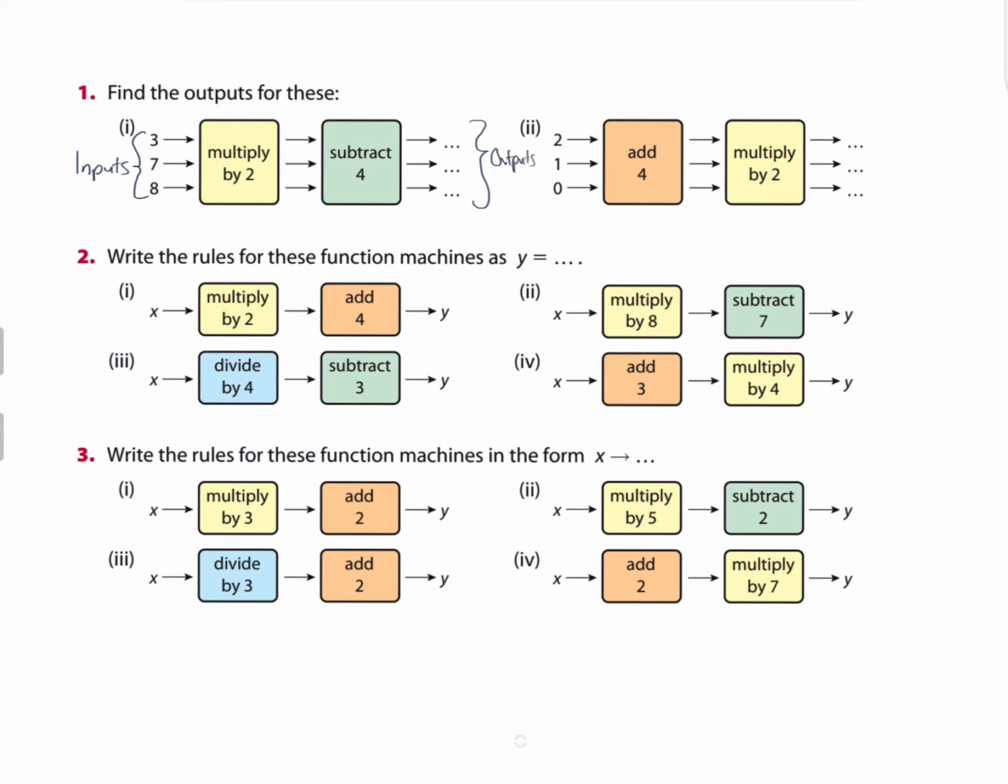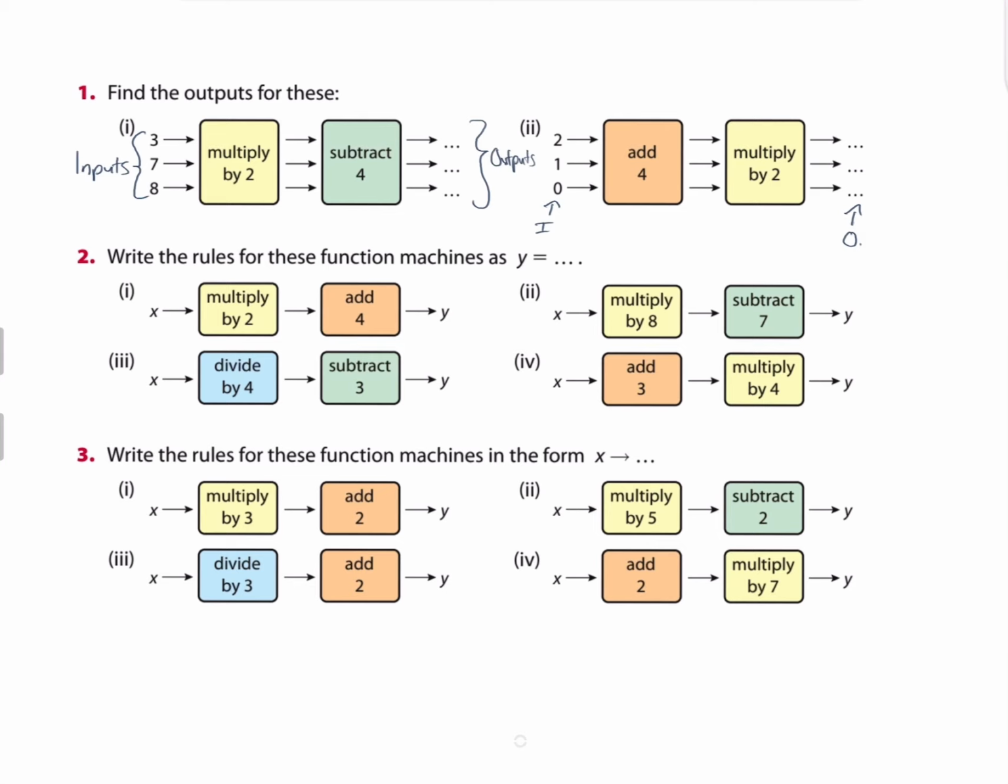Outputs. And then in this question here, these are the inputs and here will be the outputs. So I'll do the first one now, but if you want to just go ahead and do these, you can. Just pause the video and go ahead.